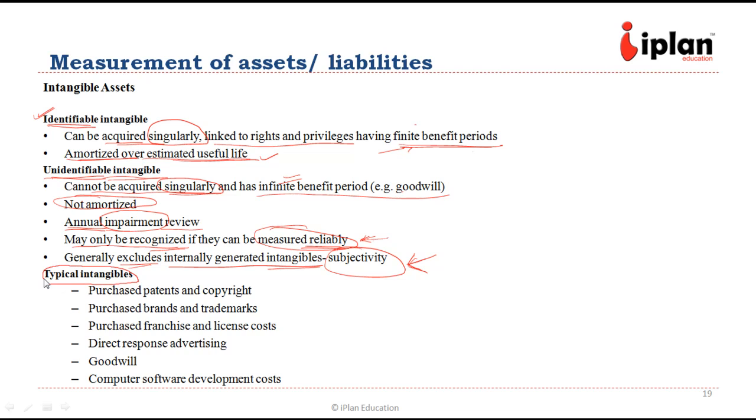So typical examples of intangibles are patents and copyrights which have been purchased, purchased brands and trademarks, purchased franchise and license costs, direct response advertising, goodwill, and computer software development costs. So these are typical intangible assets.